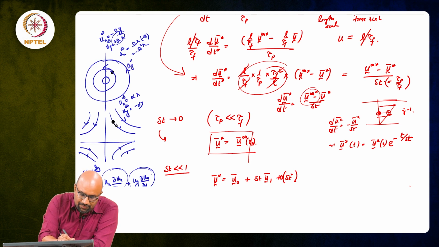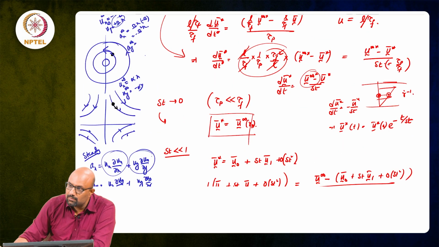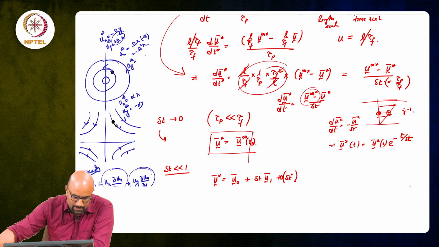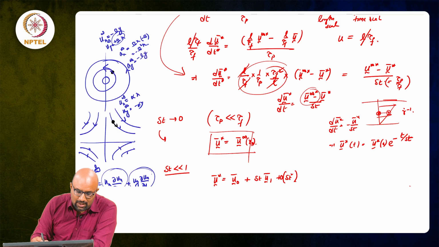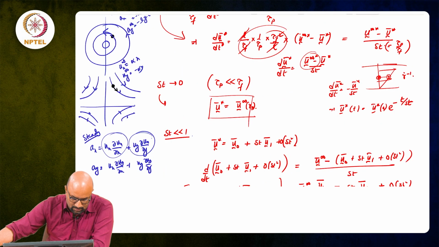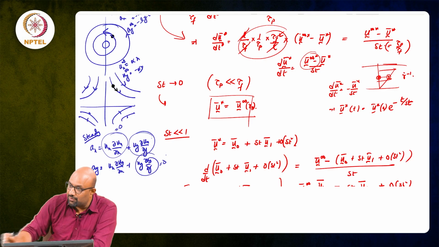What is ay infinity? So ux is minus omega y and dou x of uy is plus omega. The second term is 0. So this one is 0 and this one is 0 for a rigid body rotation.